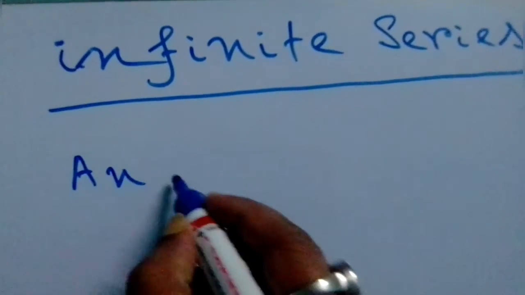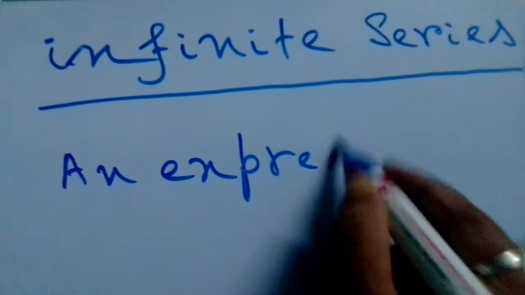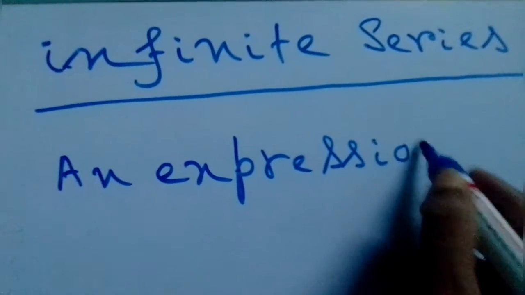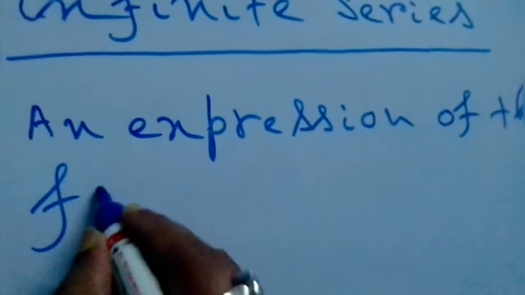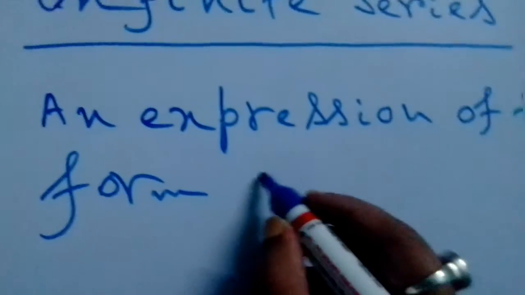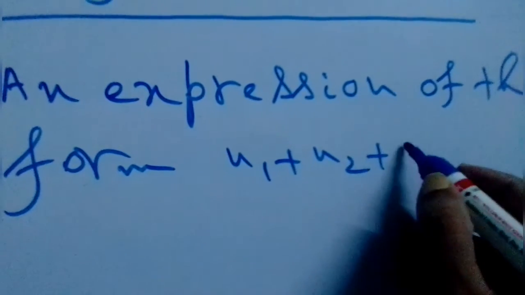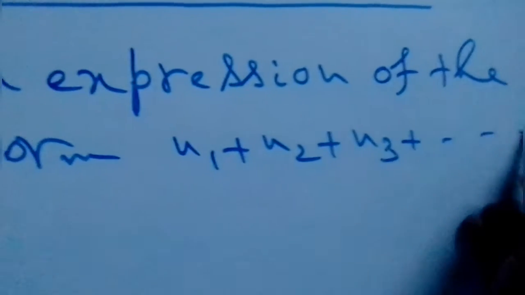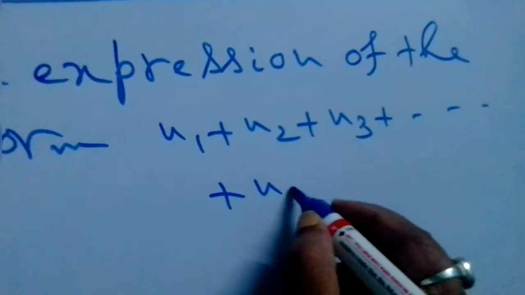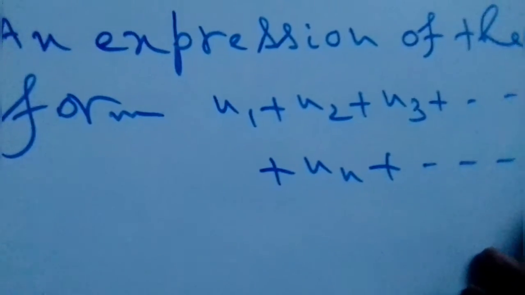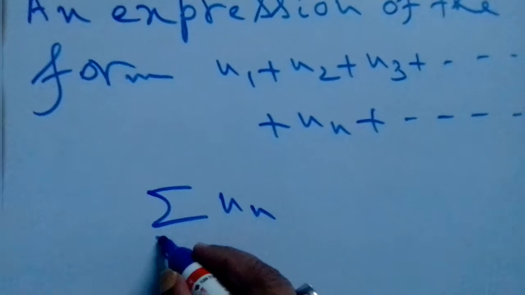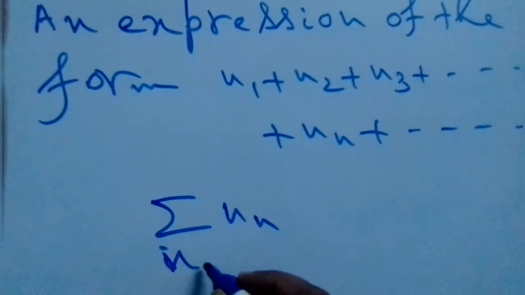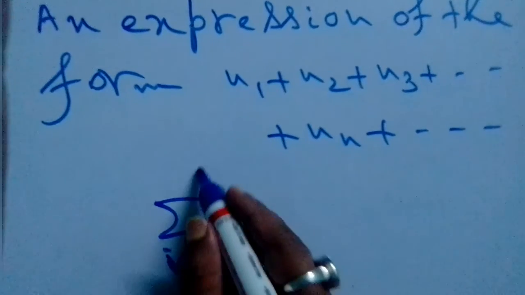It is of the form: if we take u1, u2, u3 going up to an infinite extent, and we take the nth term un as a finite term, then going up to infinity, we simply write this in the notation of un, where i is a subscript variable, or rather n runs from 1 up to infinity.